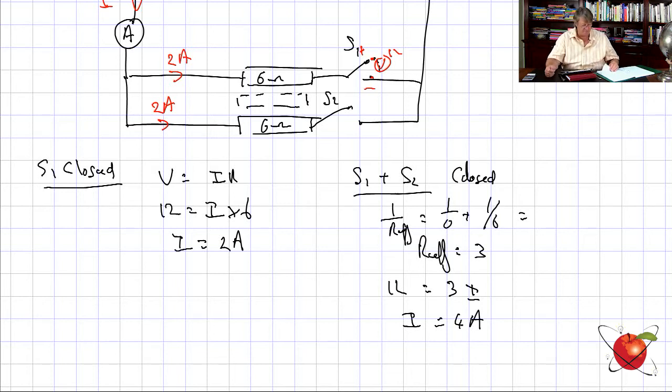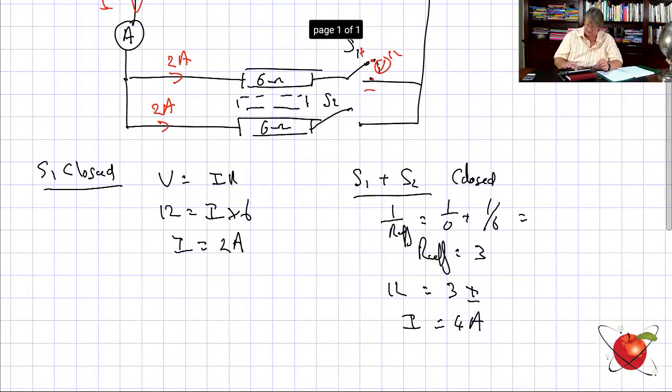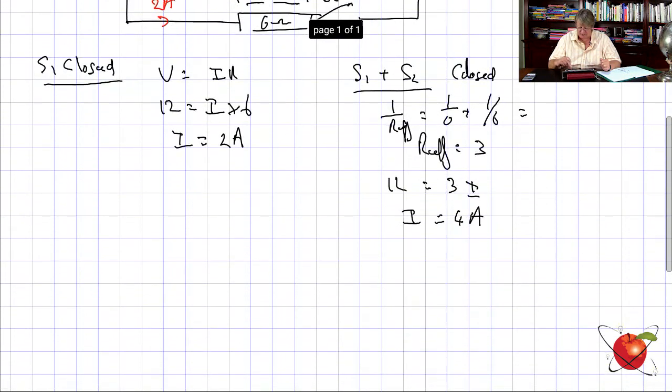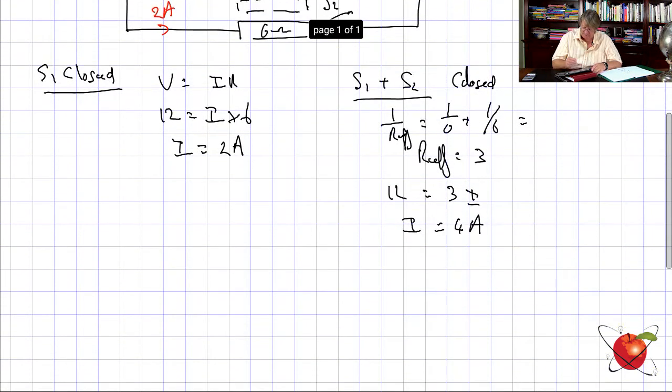Now, the next step: let's say the battery has an internal resistance. I'm going to put in an internal resistance in green, R equal to 1, or they would write EMF, r as 12 and 1, which shows the volts and the ohms. Again we have 2 scenarios. First, S1 closed.